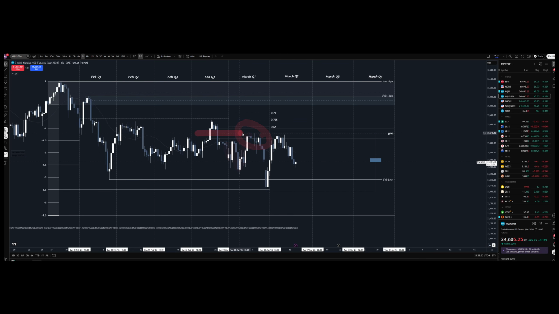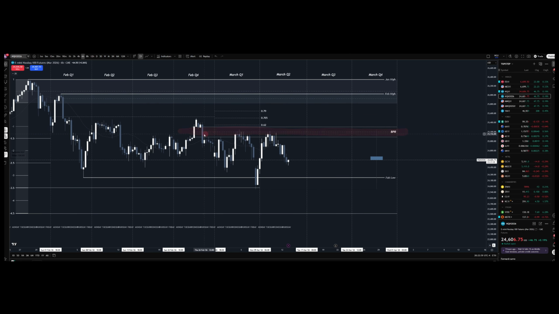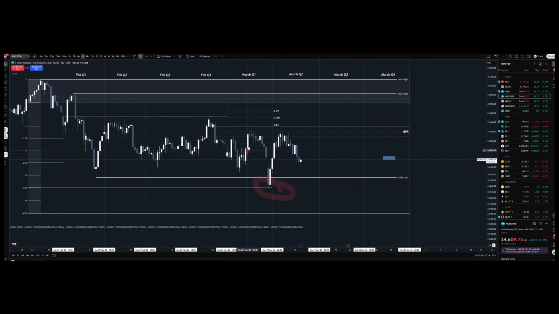We've got this BPR. This is our line in the sand at the moment for selling. Staying bearish. Once that flips, then we're happy for it to be bearish and for this low to be locked in. We need to take this current high here to lock in this low.